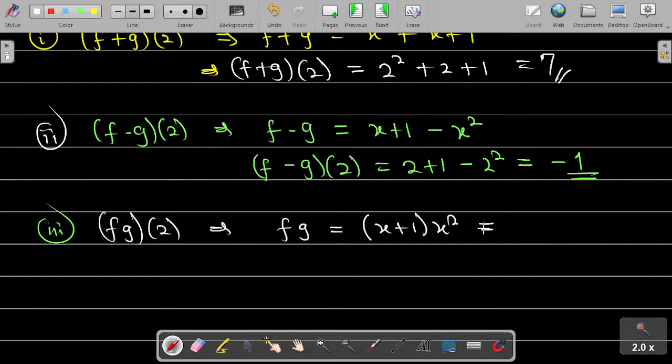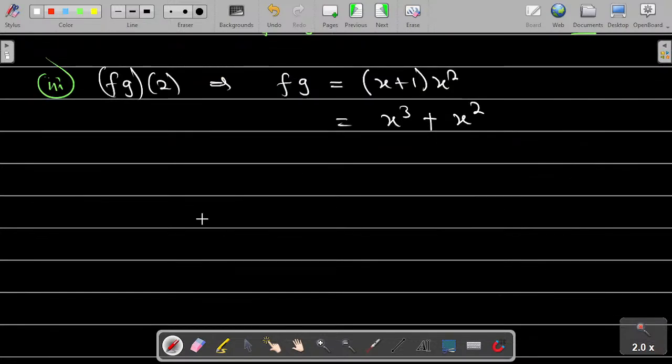If you open that bracket, you are going to have x times x squared will be x cubed, then plus 1 times x squared will still be x squared. So immediately you have gotten your fg, you now have to get your fg of 2. That means we are substituting x as 2, and that's going to be 2 raised to the power of 3 plus 2 raised to the power of 2.